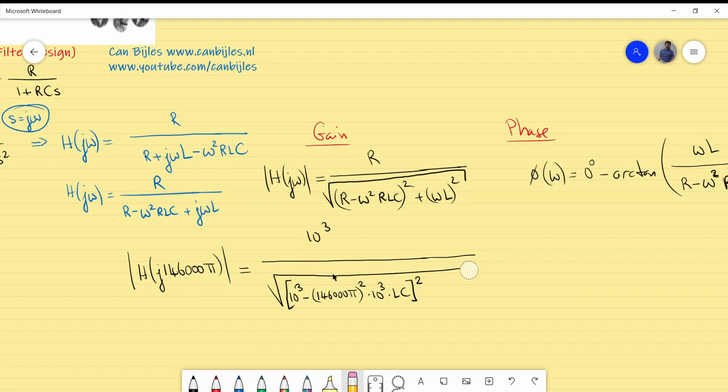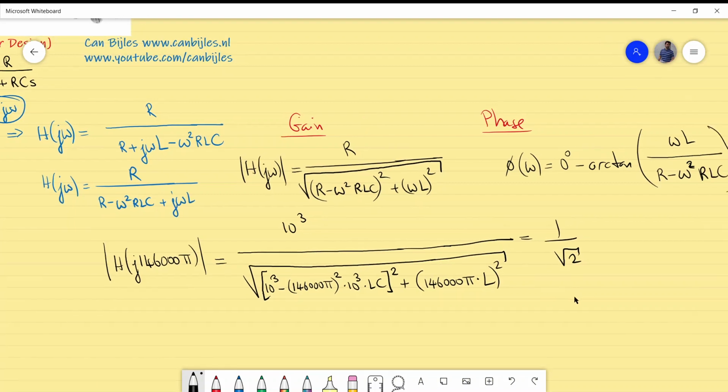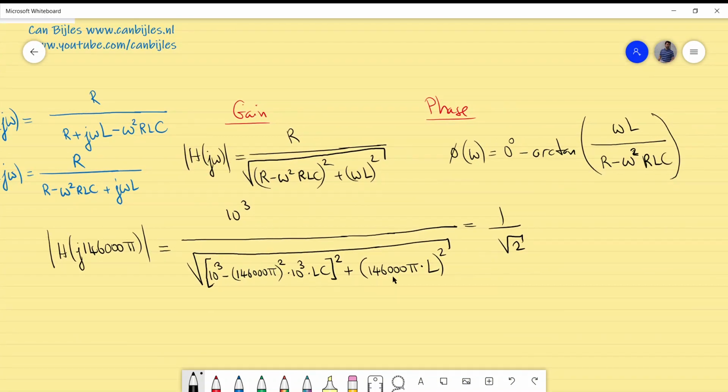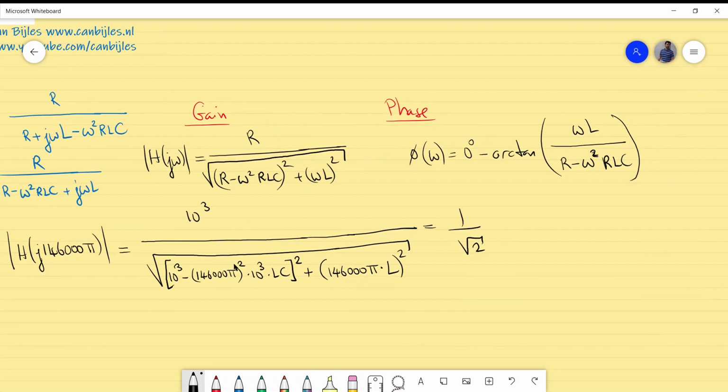That's the first real part, and the imaginary part will be in the same fashion. I will have the omega substituted, and the L is unknown at this point, and this is equal to 1 over square root of 2. As you can see, this is just the expression here. Just substitute the value of the omega. Omega is omega cutoff, and the R is 1000. What you see is we still have an equation with two unknowns, so at this point it is unsolvable.